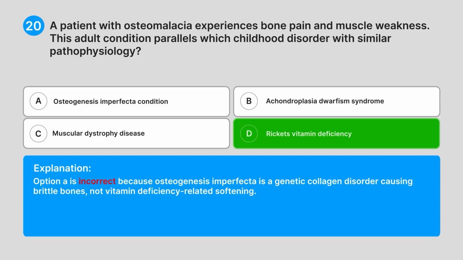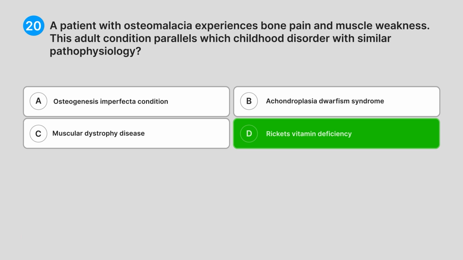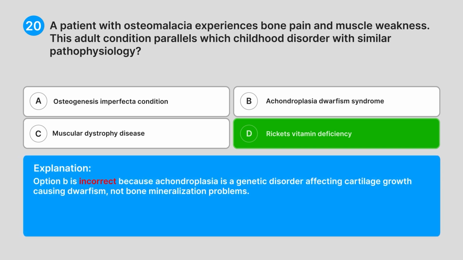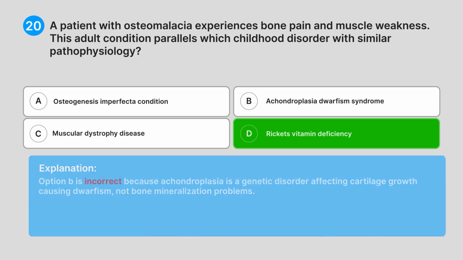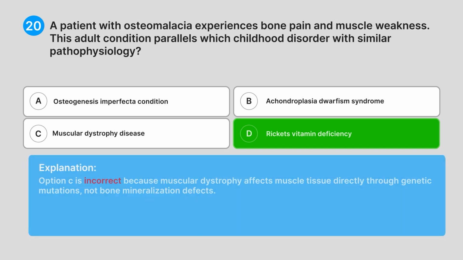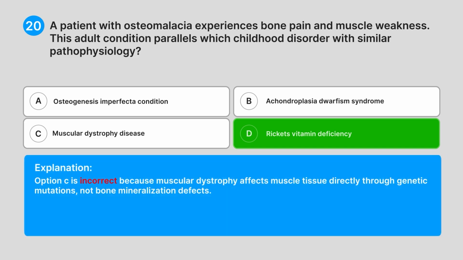Option A is incorrect because osteogenesis imperfecta is a genetic collagen disorder causing brittle bones, not vitamin deficiency-related softening. Option B is incorrect because achondroplasia is a genetic disorder affecting cartilage growth causing dwarfism, not bone mineralization problems. Option C is incorrect because muscular dystrophy affects muscle tissue directly through genetic mutations, not bone mineralization defects.